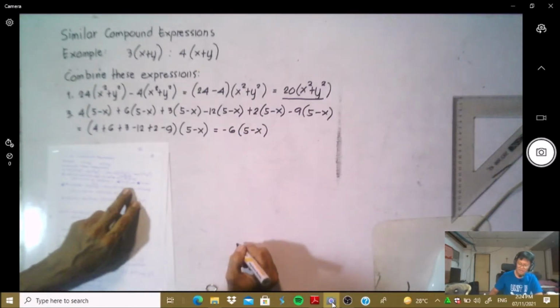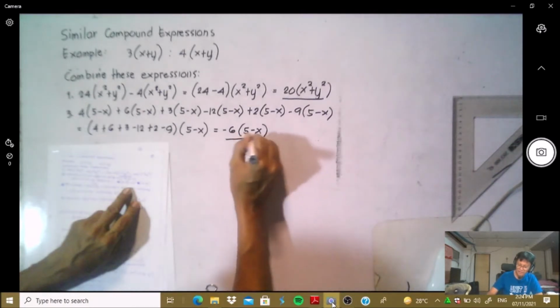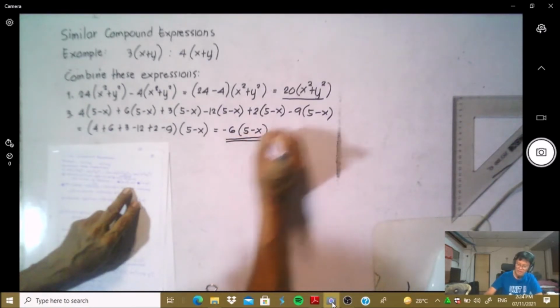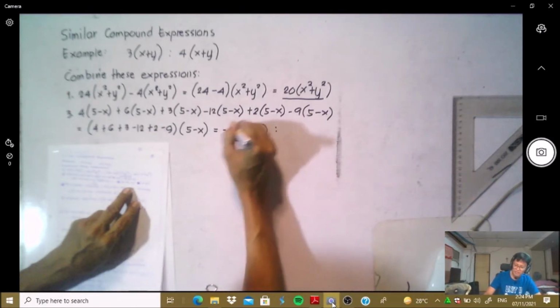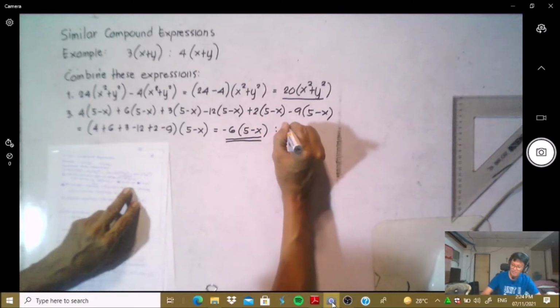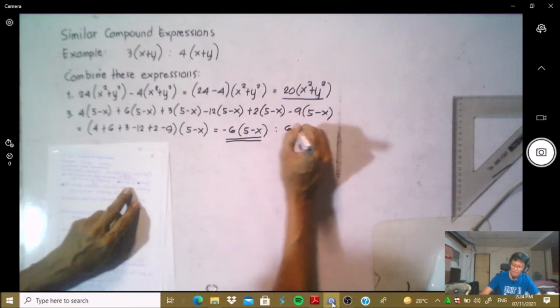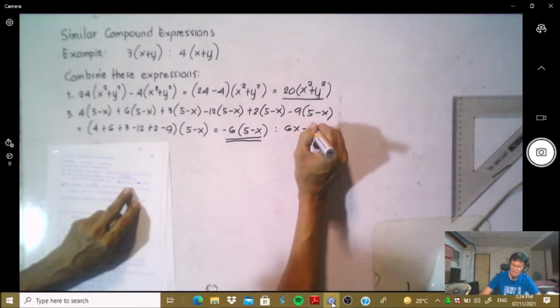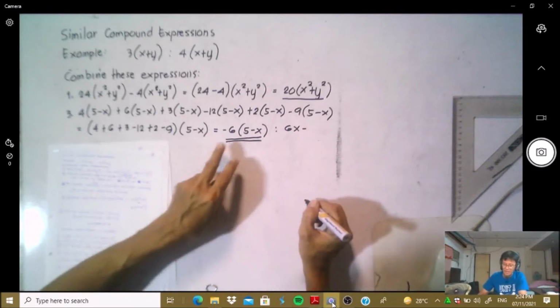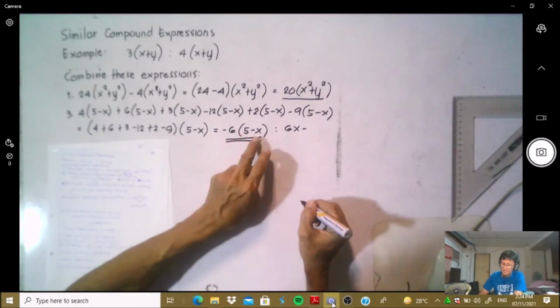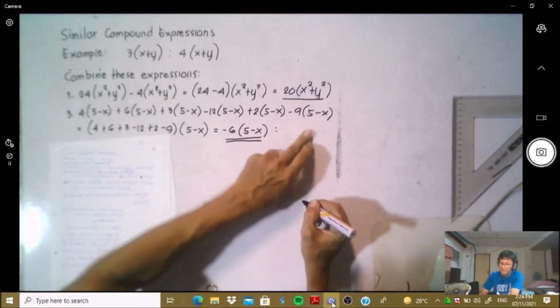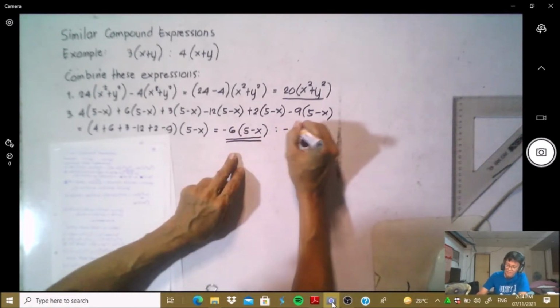Okay. So actually, we can also rewrite that. This is the answer. But if we multiply negative 6 by negative x, we will have 6x, and then negative 6 times 5 is negative 30.